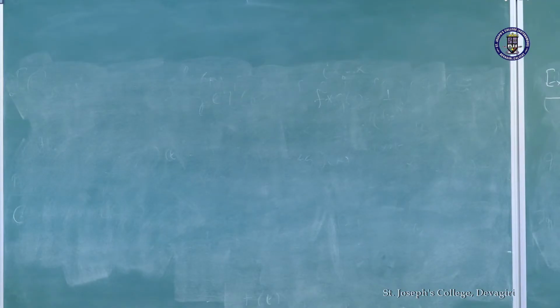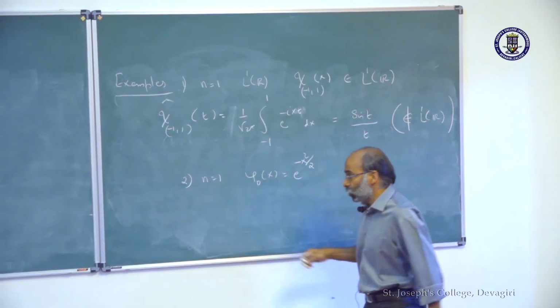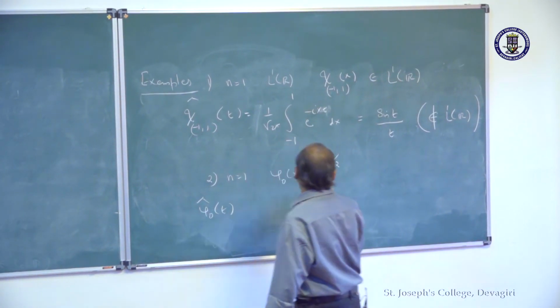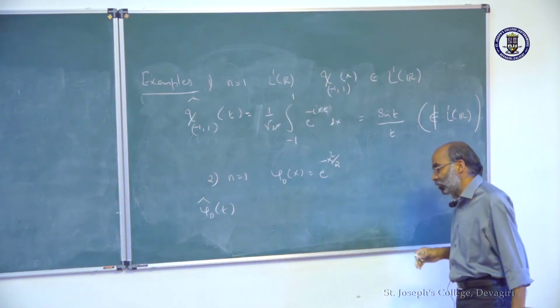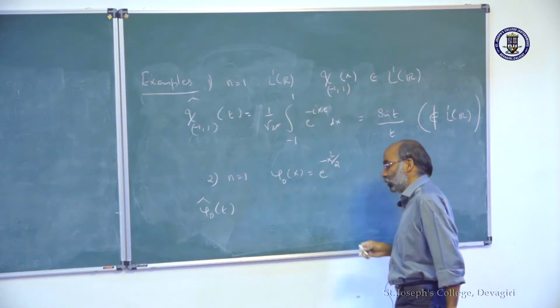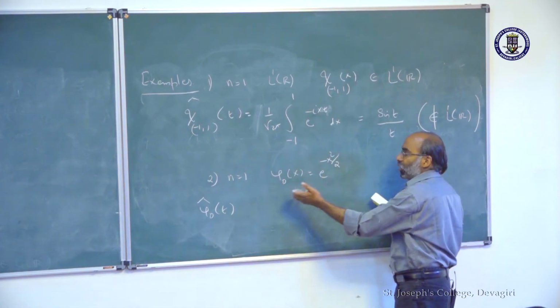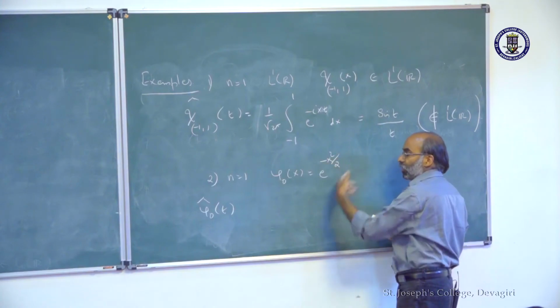Well, let us try to compute the Fourier transform of this. Okay. So, I want to compute phi 0 hat at t. Of course, this is an L1 function, right, it is an exponentially decreasing function. It is a Schwartz function actually. Right, you can multiply this with any polynomial, differentiate, you will still get a polynomial times exponential which is bounded.